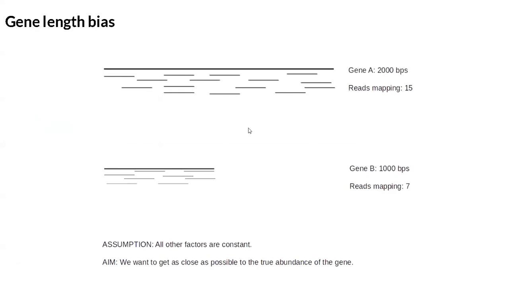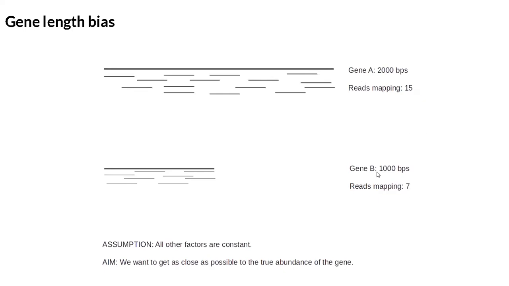When you did the mapping through the Burrows-Wheeler transform, let's say 15 reads were mapping to gene A, and 7 reads were mapping to gene B. Now you might think that the expression of gene A is higher than gene B, just because there are 15 reads mapping to gene A and only 7 reads mapping to gene B.